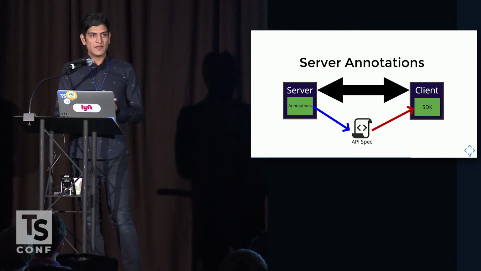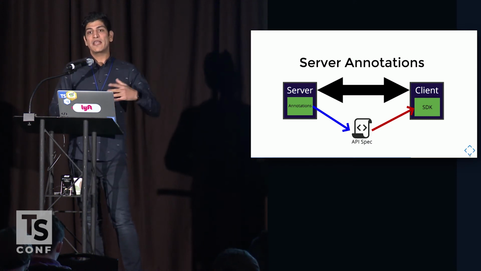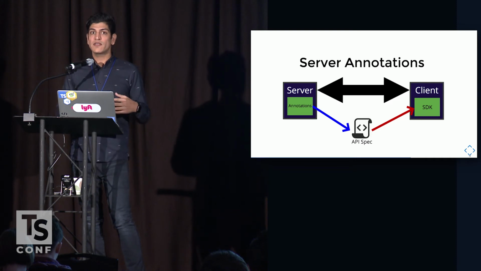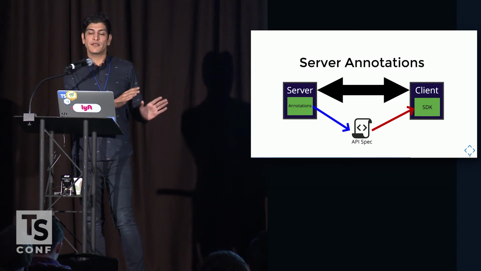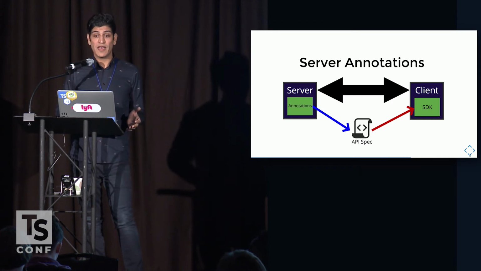So the way it's going to be done with the type server is you need to have some annotations. You need to have some hints for the API spec generator to tell how this API is looking like. So it's not 100% automatic. You need to do some work. But it is very close to your code, so it is much easier to maintain. I have an example of that.